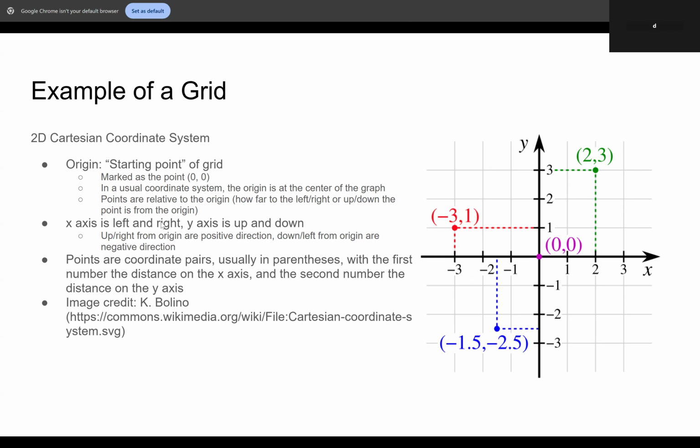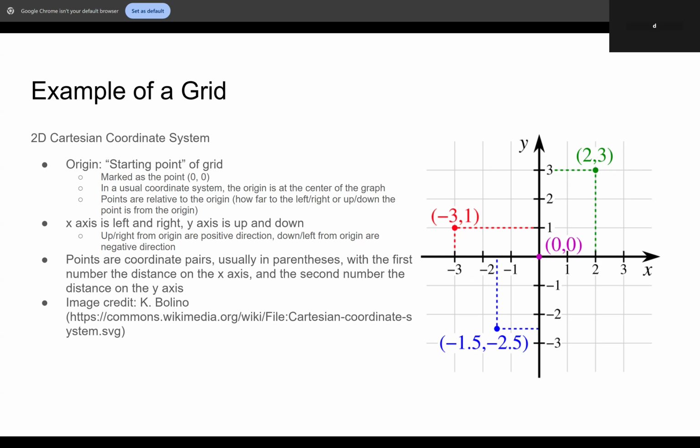The x-axis is left and right. As you move to the right, you can see that the coordinate numbers increase. So this purple point is the origin, 0, 0. This green point here is 2, 3. So it's 2 steps to the right of the origin.